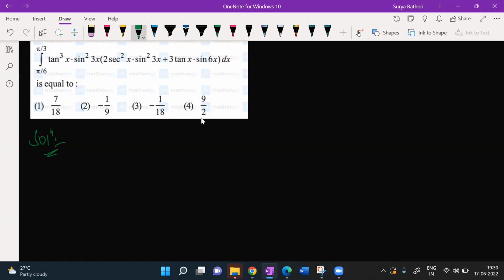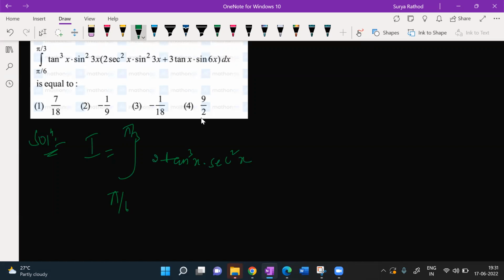Here we have two, right? So the first thing I'm writing it as, let us take this as integral pi by 6 to pi by 3. Here one logic you have to do: multiply and divide with something. Can we look at it as tan cube x into secant square x multiplying secant square x.